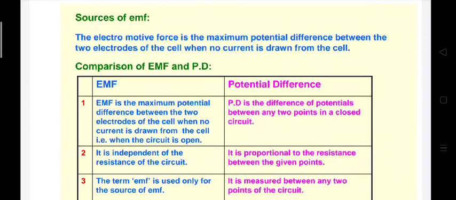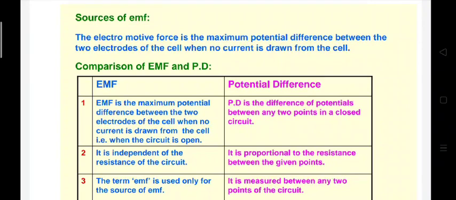Clear? So electromotive force is nothing but the potential difference between the terminals of the cell when no current is being drawn from the cell. So the potential difference in an open circuit is known as electromotive force. Its SI unit is volt.